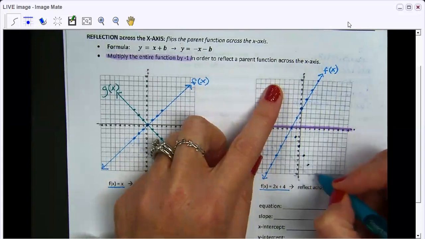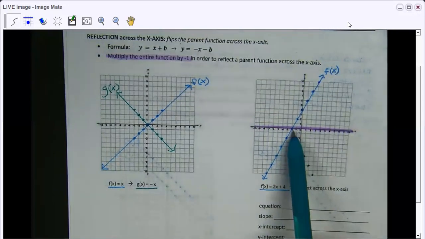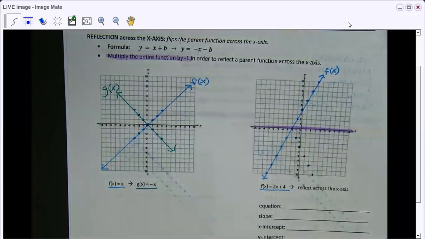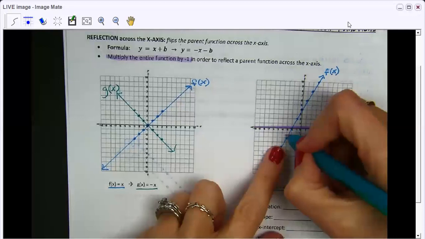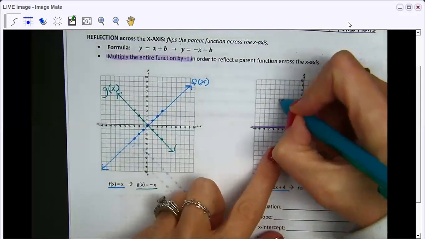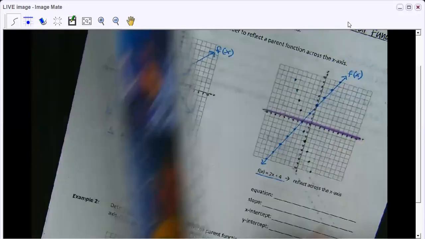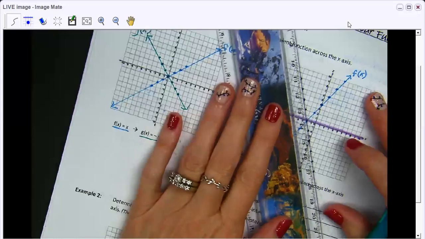And you can kind of see the pattern here. What do you think is going to happen with the x-intercept, where it crosses the x-axis? Luke? Yeah, it's going to stay the same. This doesn't move. It's already on the mirror, right? It's on that axis. So then I do the same thing to the opposite side and go up. And draw my line. So are there any questions on how I did that?